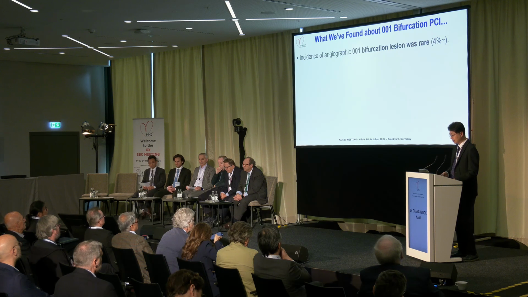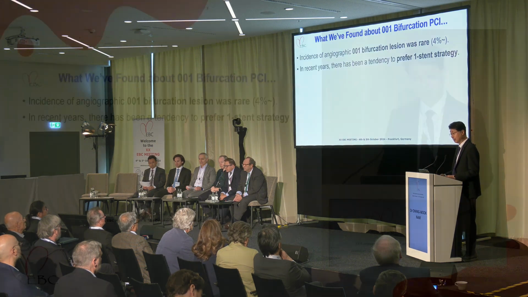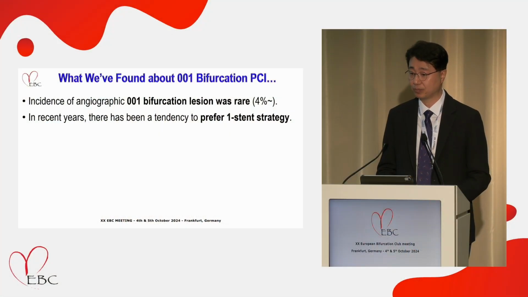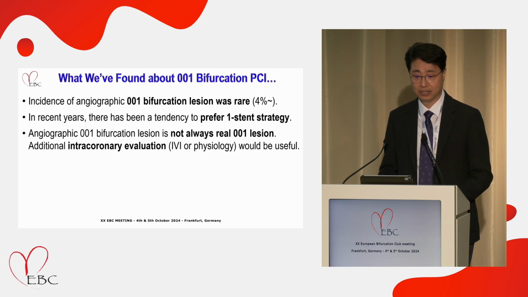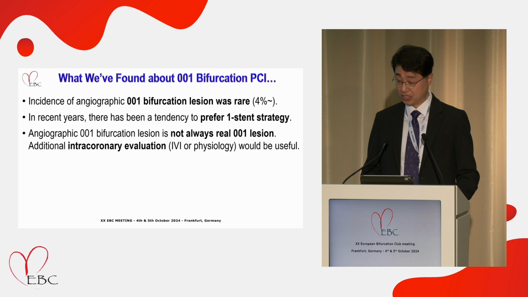So finally, this is my last slide. The incidence of angiographic 001 bifurcation lesion is rare, less than 5%. Recently, there has been a tendency to prefer the one stent provisional strategy for treatment of 001 lesions. And an angiographic 001 bifurcation lesion is not always a real 001 lesion, so additional intracoronary evaluation like intravascular imaging or physiology would be useful.